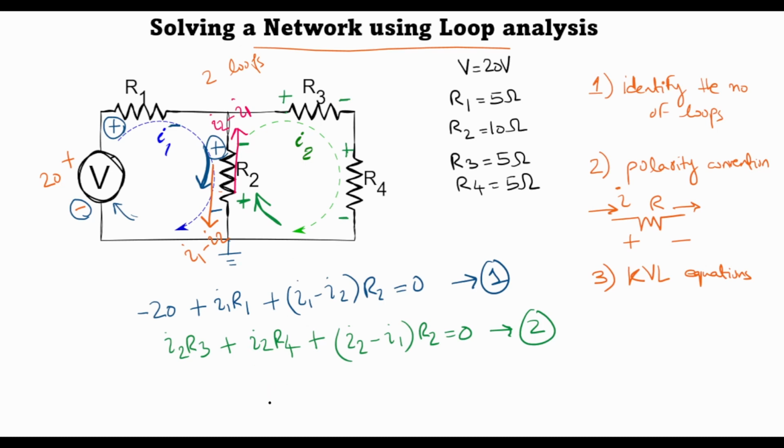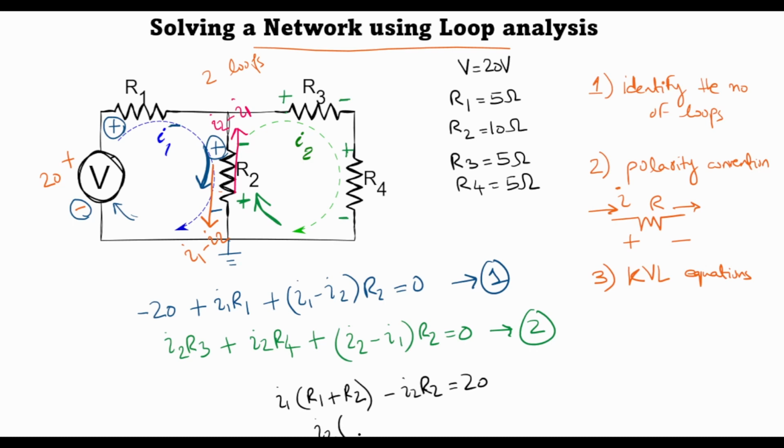So let's simplify these two equations further. I can take I1 common from the first equation, so it would be I1 into R1 plus R2 minus I2 times R2 equals 20. Similarly, equation 2 can also be simplified.